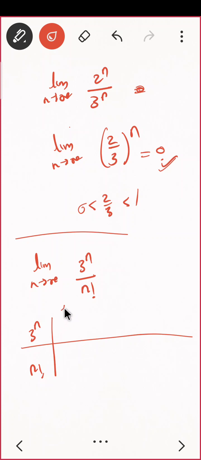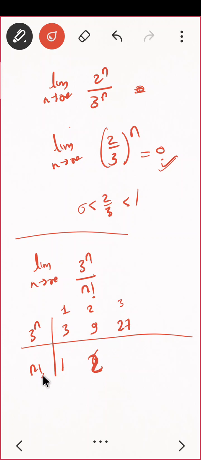When I put n equal to 1, this is giving 3 and this is giving me 1. When I put n equal to 2, this is 9 and this is 2 factorial, correct? What about next? Yeah, 2, correct. What about this? 27, na?